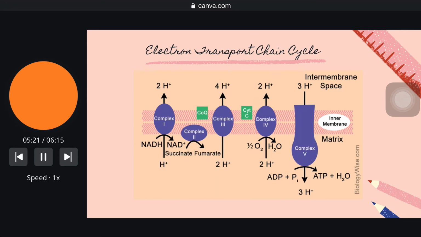ATP synthase pumps several protons at a time back into the matrix. As these protons move into the matrix, enough energy is liberated to phosphorylate, thus synthesizing ATP. The ATP will then leave the mitochondria and go where energy is needed in the cell for life processes.